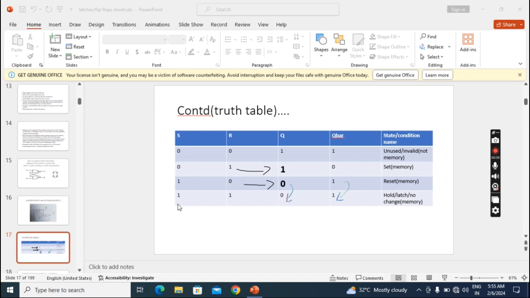Suppose initially you apply 1 1. We cannot predict the output, because we don't know the second input of each gate, and there is no output at that time to feedback. So we cannot predict the output if we apply 1 1 at the start. In that case, we have to apply any of the other three combinations, either 0 0, 0 1, or 1 0.